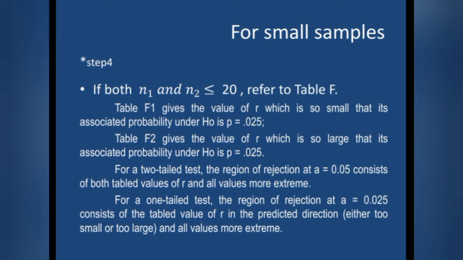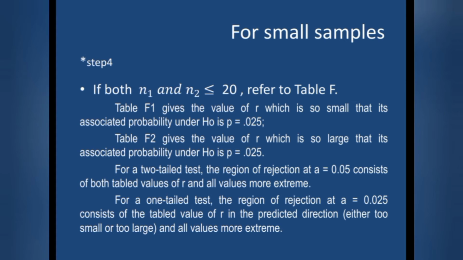If the prediction is that too few runs will be observed, ang gagamitin natin yung Table F1, which gives the critical values of R for the lower tail. If the observed R under such a one-tailed test is equal to or smaller than that shown in Table F1, ang null hypothesis natin may be rejected at alpha equals 0.025.